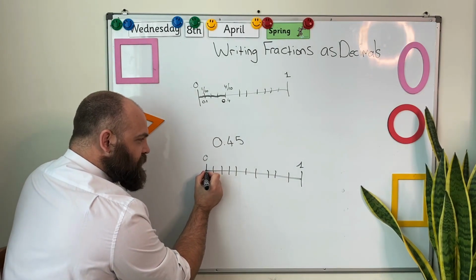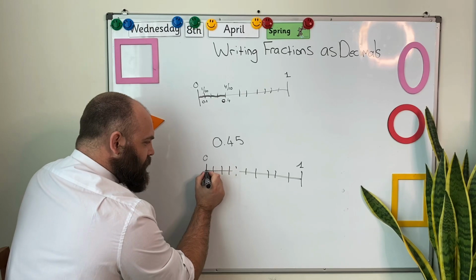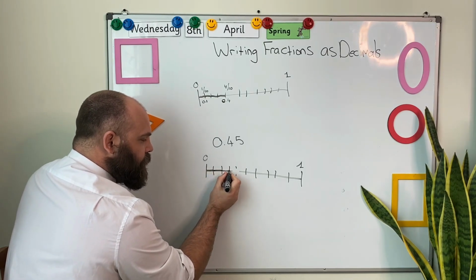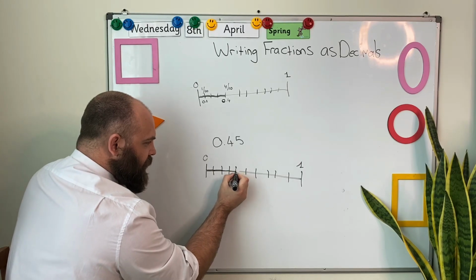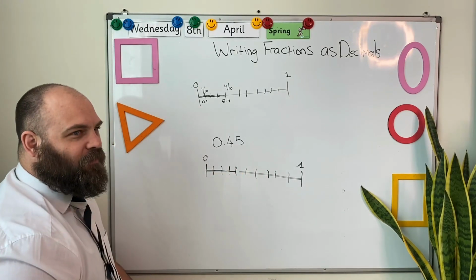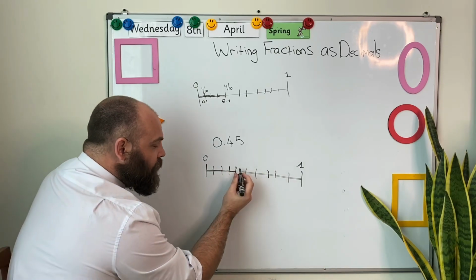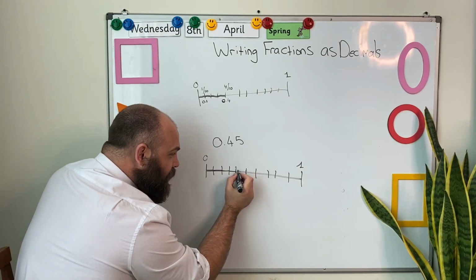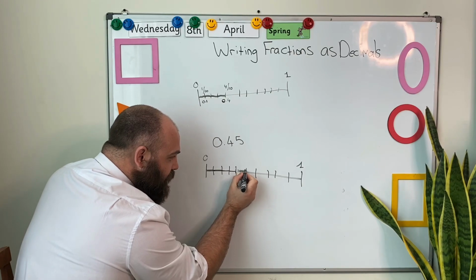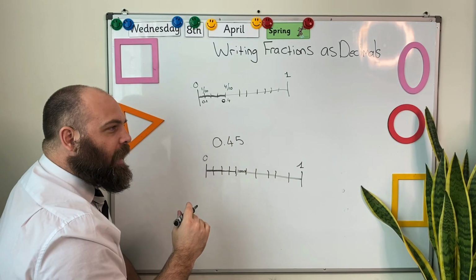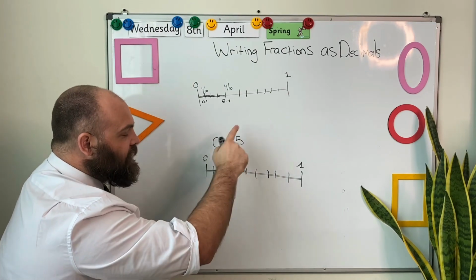Well, if I start at 0 and I go up by tenths, I go 1/10, 2/10, 3/10, 4/10, but I still have to go up 5 hundredths. Now 5 hundredths, each of these would be split into 10 equally sized pieces. 5 hundredths is exactly halfway between 4/10 and 5/10.